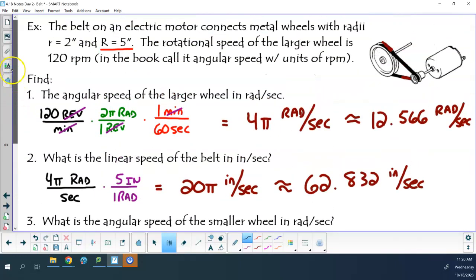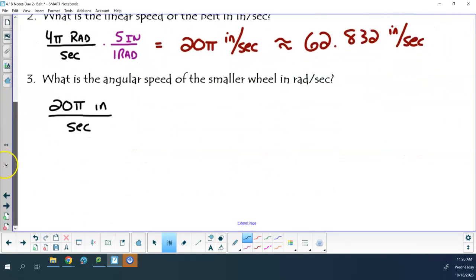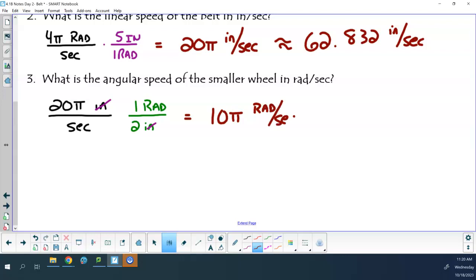Scrolling back up, the radius of the smaller wheel was 2 inches. So the smaller wheel is spinning at 10 pi radians per second. The big wheel was spinning at 4 pi.